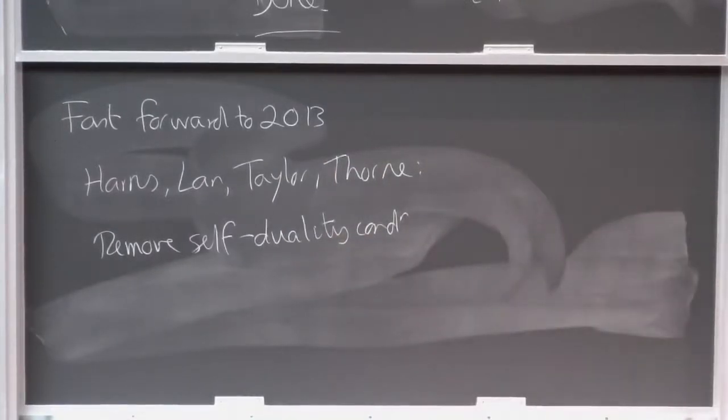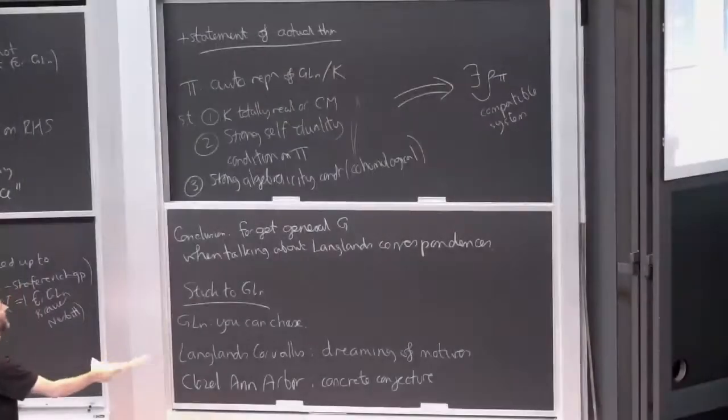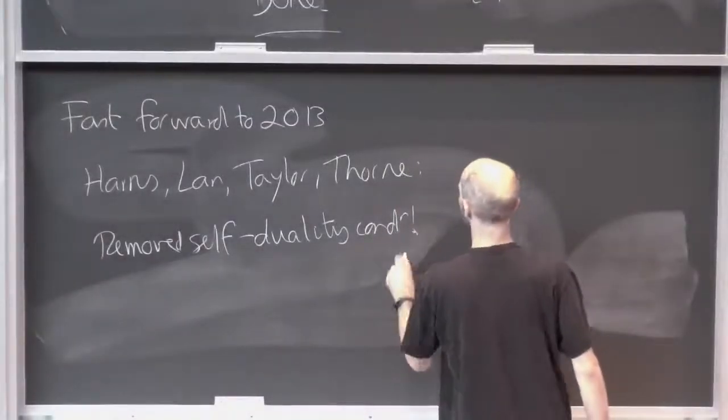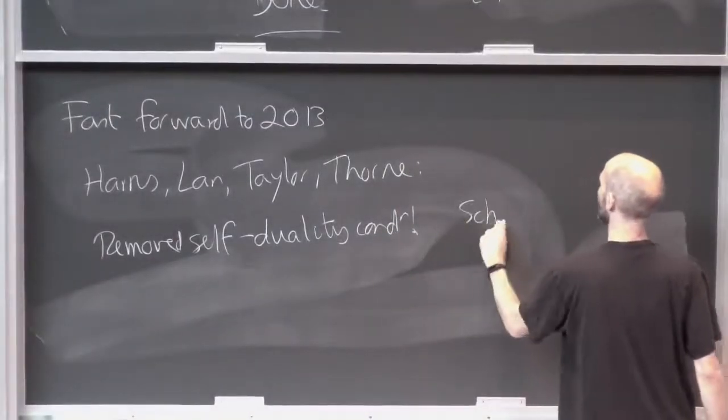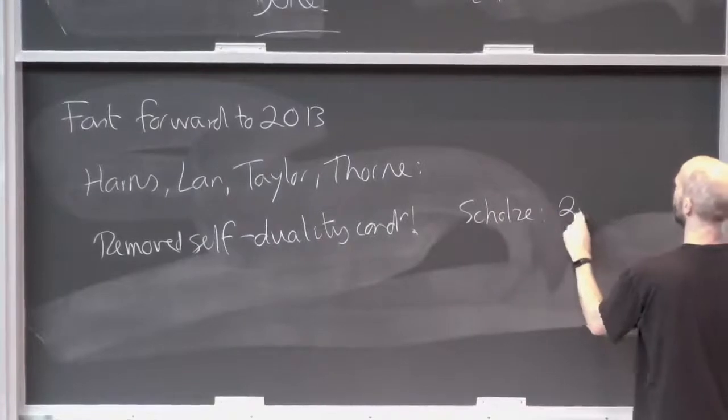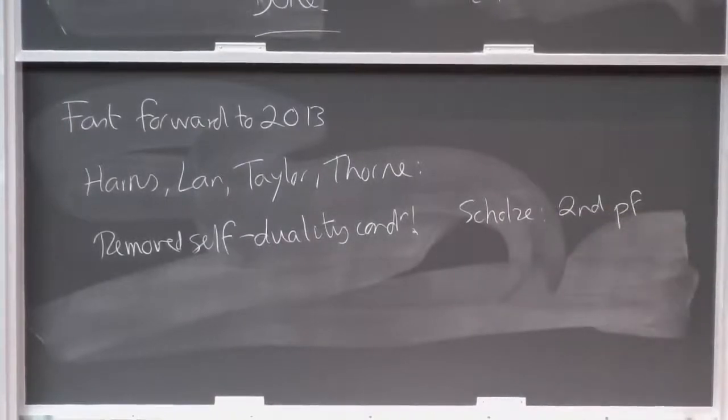So they prove, again, under this huge restriction on K, they remove the self-duality condition, but they still have the algebraicity condition. And then Scholze gives a second proof using this fancy perfectoid stuff.